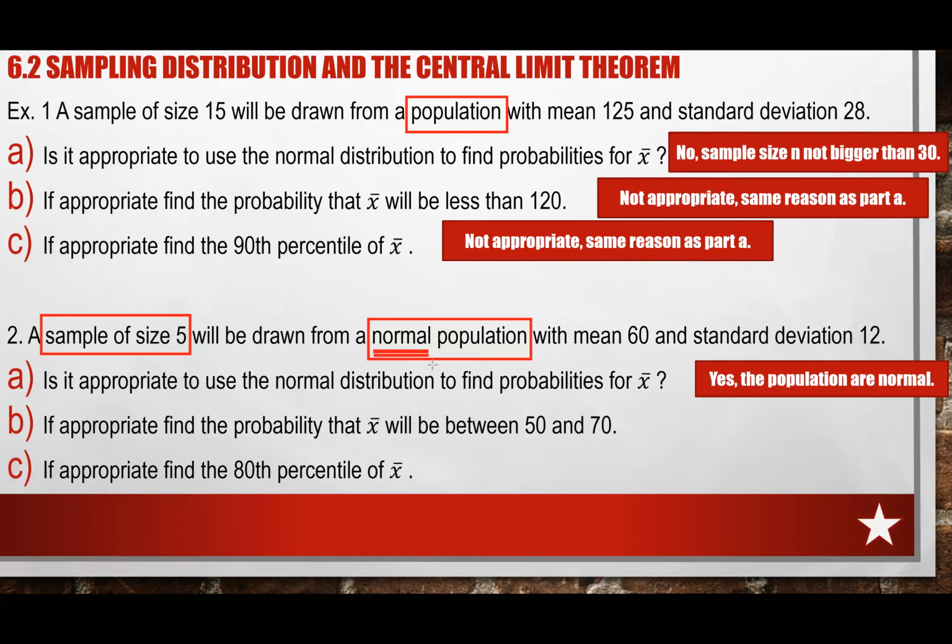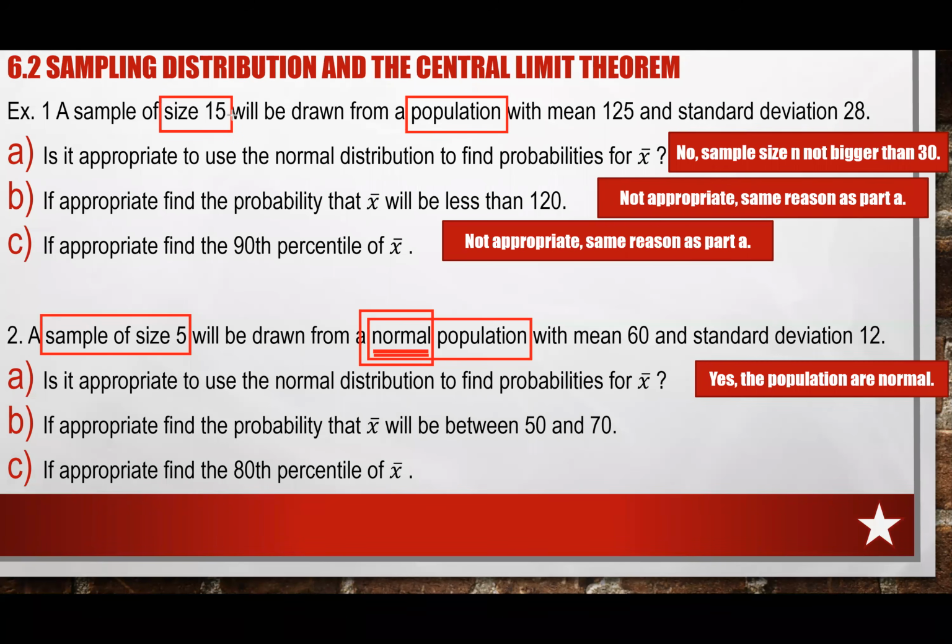That's your challenge, ladies and gentlemen: if you see a normal population, then it doesn't matter what the sample size is, we can still use it. We can use 6.1 to find this item. Here, because we don't know what kind of population this is, we have to have a big sample size, 31 or more. Everybody see the difference between the top example and number 2 here?